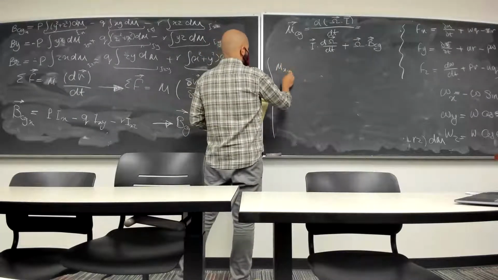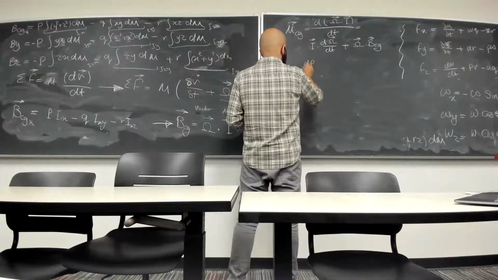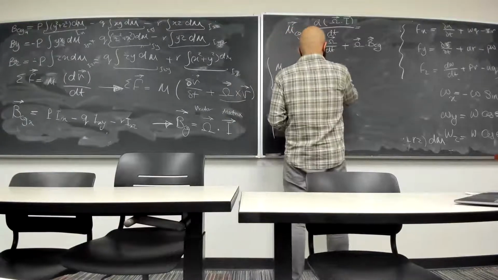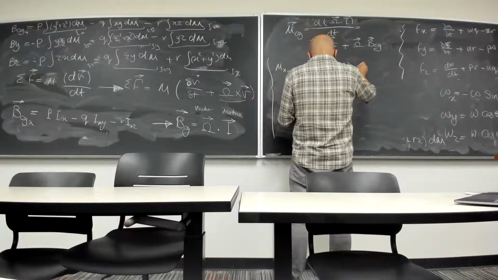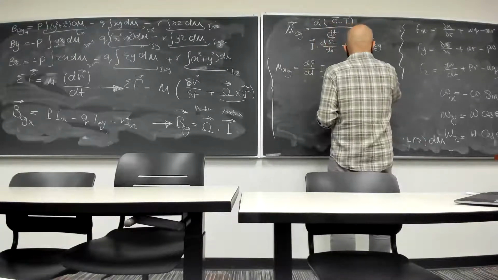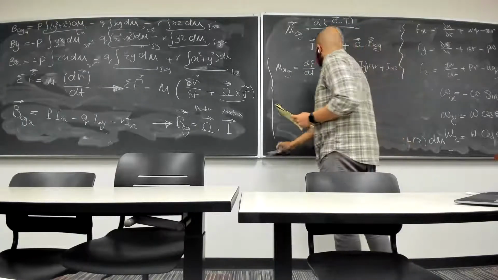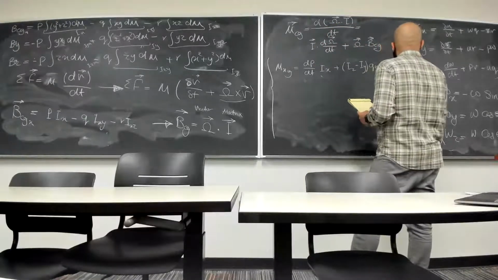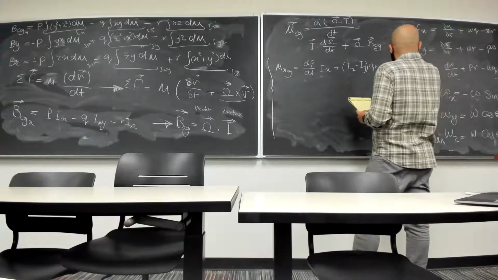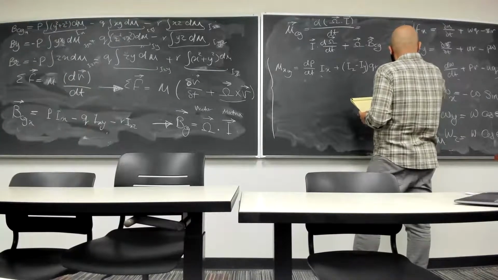Mx of cg is going to be equal to dp dt I of x plus I of z minus I of y qr plus I of xz dr dt plus pq.